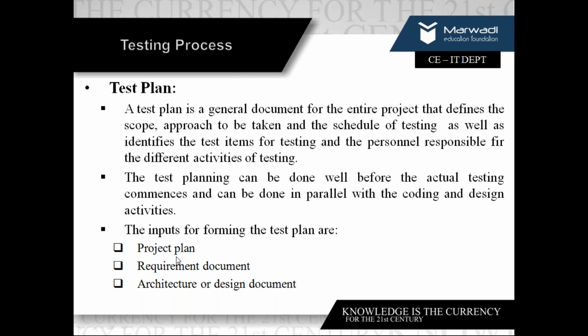Okay. In test plan, what we will do, we will plan our test and input will be based on your project plan. Project plan is what you do in Gantt chart. I had 1 month of analysis phase. I had 15 days of design phase. So am I going according to the plan? You can test that also. Requirement document. Why is requirement document needed?